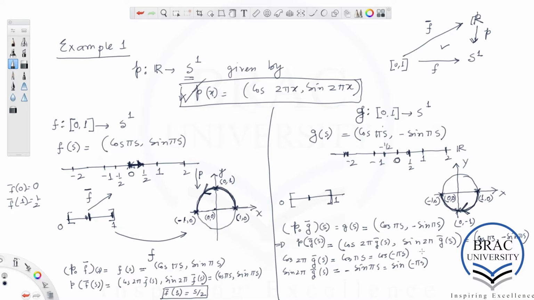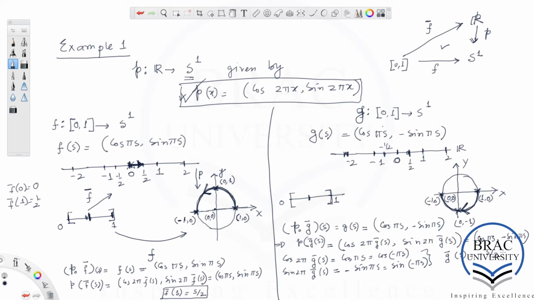Okay, so by considering these two equations separately, we see that g bar of s is going to be equal to minus s over 2.